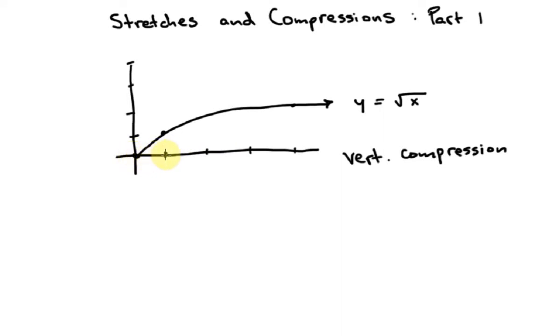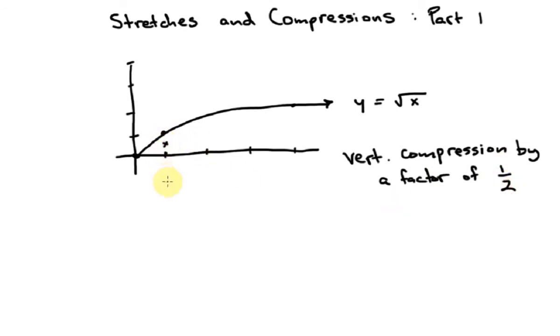Here's a point that's up 1. That distance is 1 unit. I want to compress that. So we want a vertical compression by a factor of, and let's keep it really simple, 1/2. So I want to make these distances half as big.